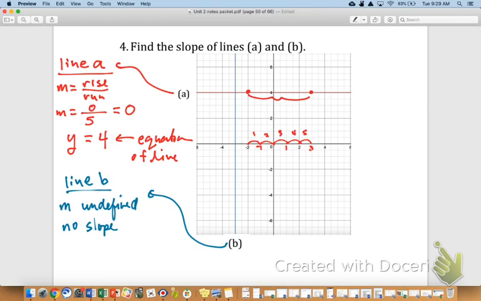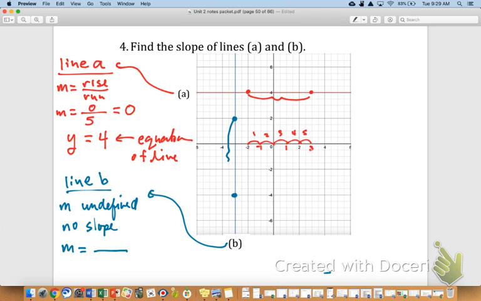If I picked out any 2 points on the line, maybe I'll make it easier on you this time, maybe this point here and this point right here. And slope is rise over run. What's the rise between those 2 points? I made it easier on you this time because they're labeled. So the rise is how many? Not 5.